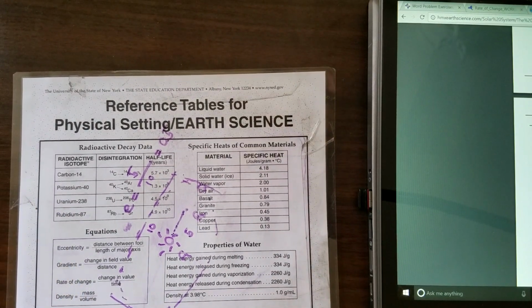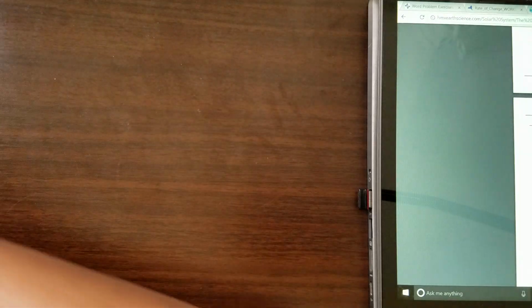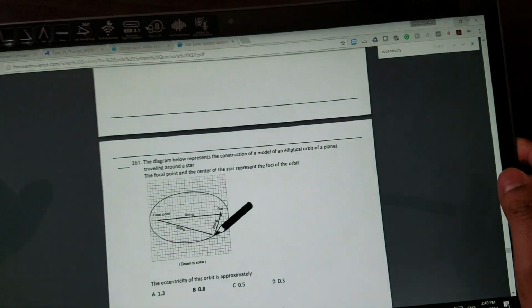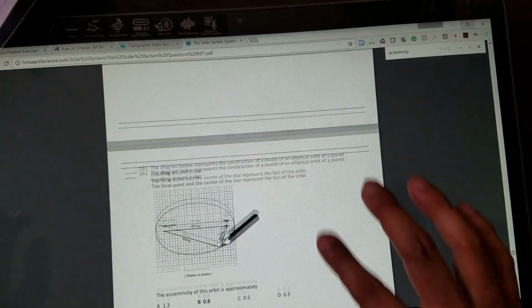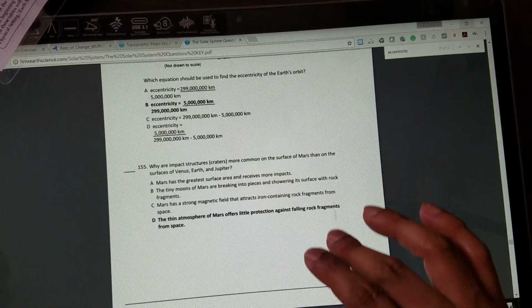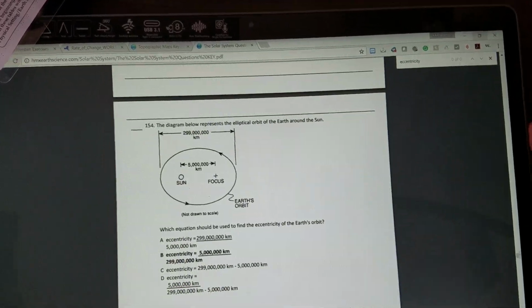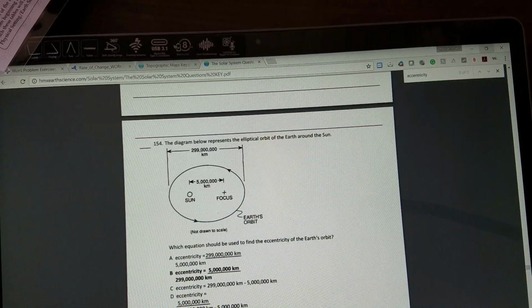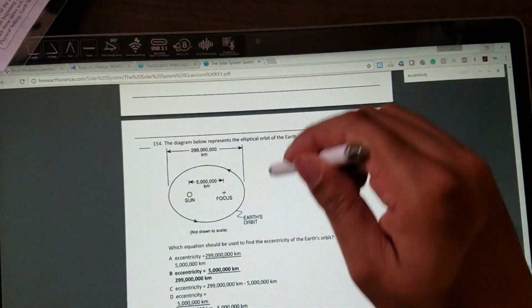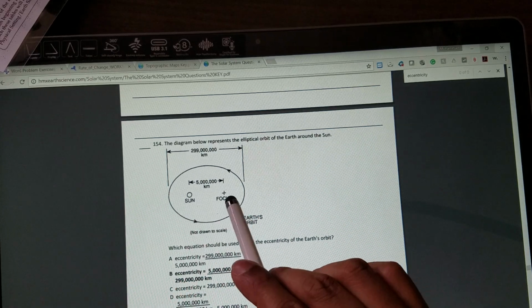So let's look at some Regents questions. I'm going to show you two. Let's look at the first one, which is simple. Question number 154. The diagram below represents the elliptical orbit of the Earth around the Sun. This is the path of Earth, this is Sun, and this is another focus point.